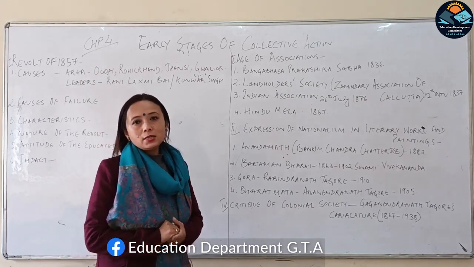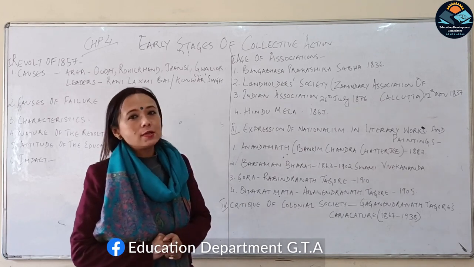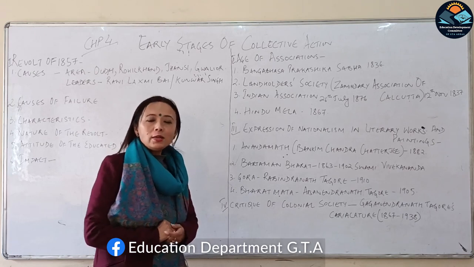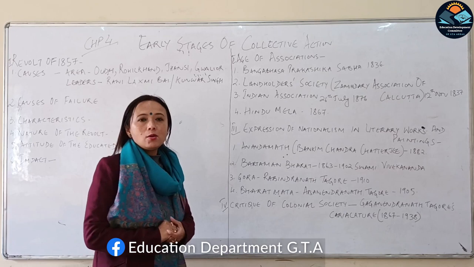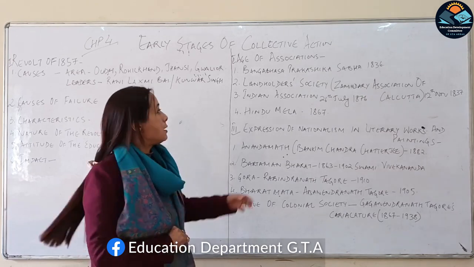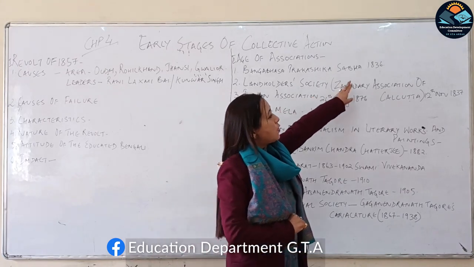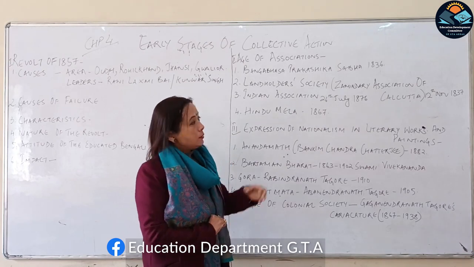So we find in the 19th century many associations started. One of these associations, the first and the foremost, we must say, was the Banga Bhasa Prakashika Sabha, which was formed in 1836.